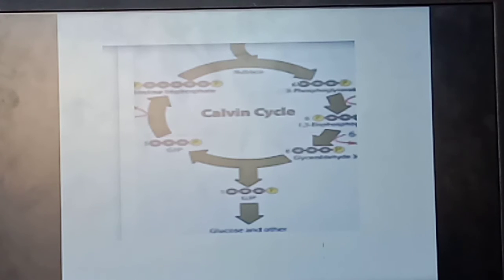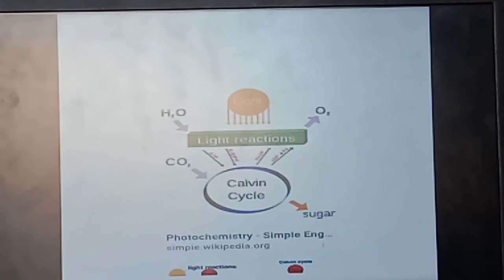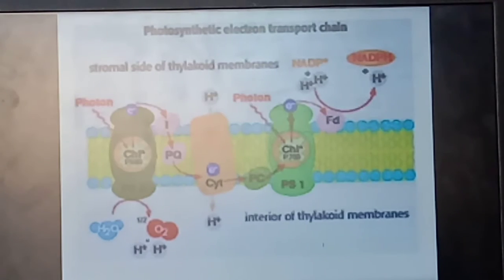In recognition of his work, Calvin was awarded the Nobel Prize in 1961. ATP and NADPH molecules formed during light reactions together are known as assimilatory power. Here carbon dioxide first of all combines with RuBP, that is ribulose bisphosphate. After a series of reactions, carbohydrate is synthesized and RuBP is regenerated.